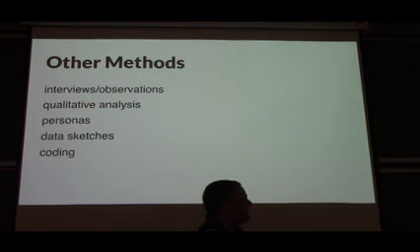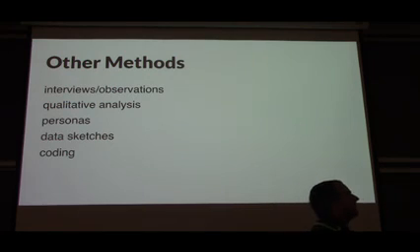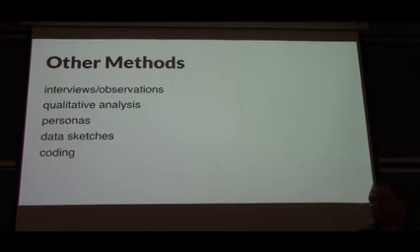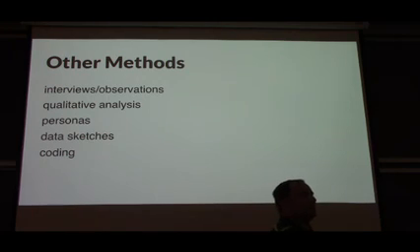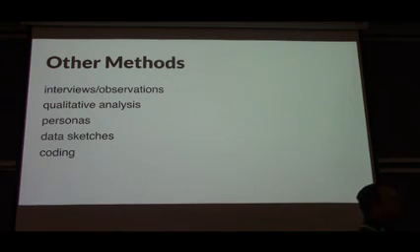There are some other methods, like interviews, which are kind of the standard method of trying to understand people, and observations, like embedding yourself in the lab and observing the actual work process of your collaborators, and qualitative analysis. Coming up with personas is a well-known software design method: who are my stakeholders? There's the manager who has only 15 seconds to look at my interface, there's the administrator who prepares that for the manager, and then you come up with these different personas.